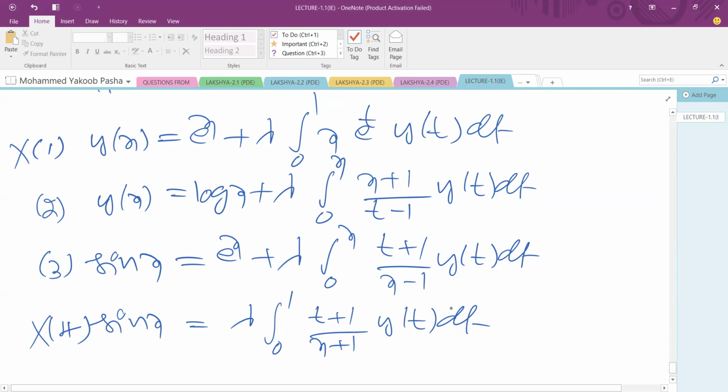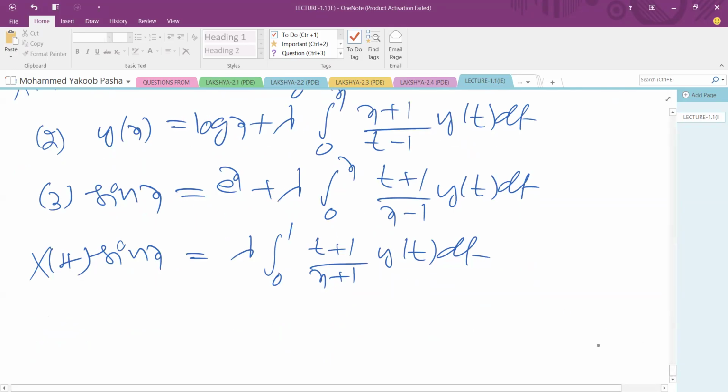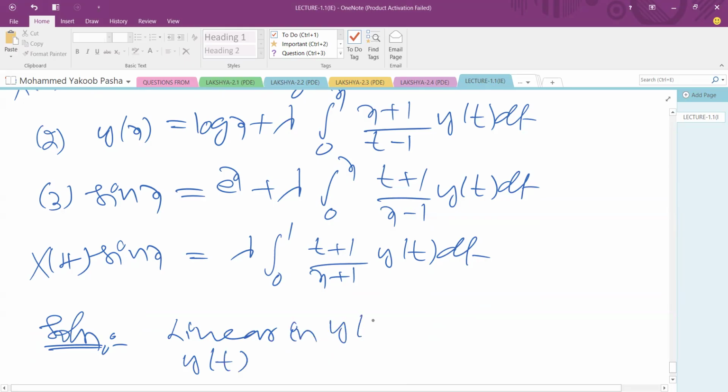So which is linear? Either 2 or 3. Linear means linear in y of t first of all. In the second option, t is not available in the numerator. In the third option, we have t in the numerator.